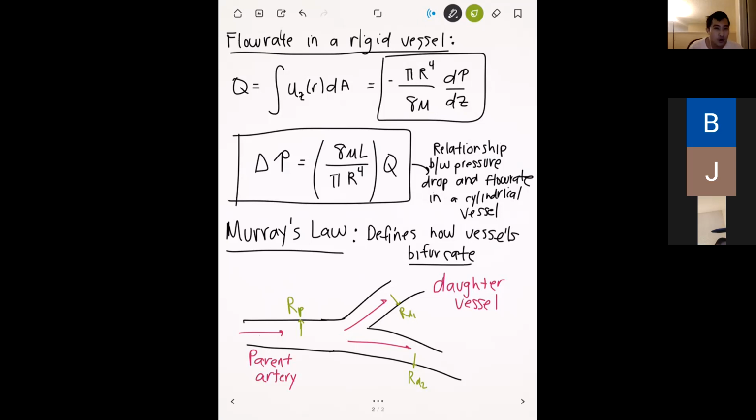Because if your heart has to work extra hard because of suboptimal geometry, that's not a very good design, right? And if you think about it, the human body is the result of millions and millions of years of evolution, and so it wouldn't make sense for us to have suboptimal things like that for such an important organ in our body.